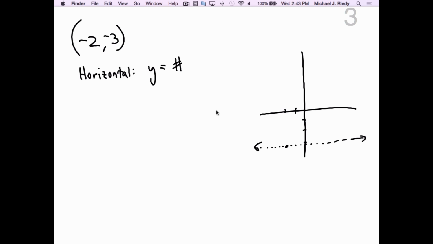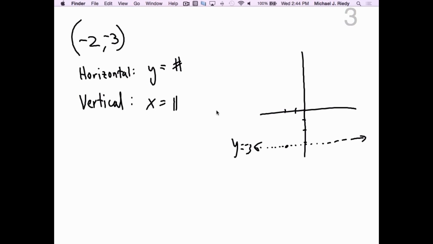Correct. It's not really hashtag, it means number. Well, what's the number for this case? -3. It's the y value of the point, so y equals -3.